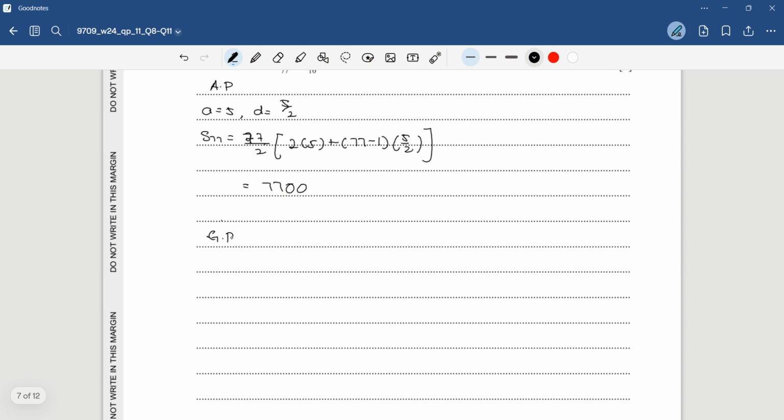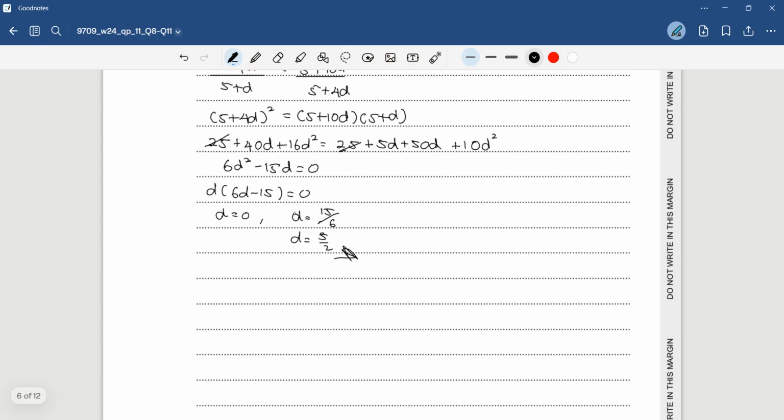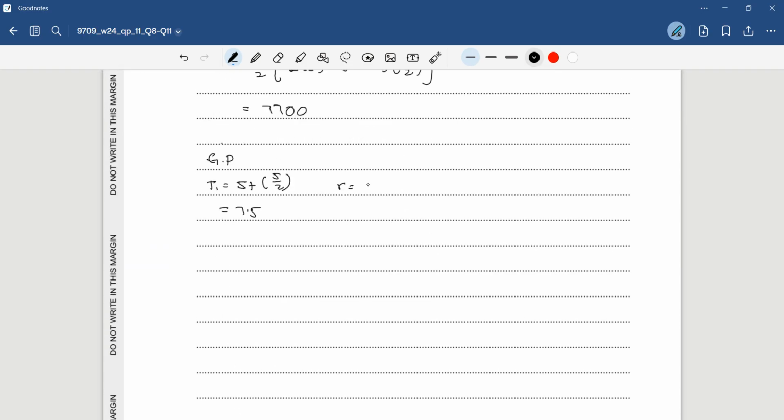Whereas for the geometric progression, my first term will be 5 plus 5 over 2, which is 7.5, and the common ratio will be 5 plus 4d over 5 plus d. So my R will be 2.